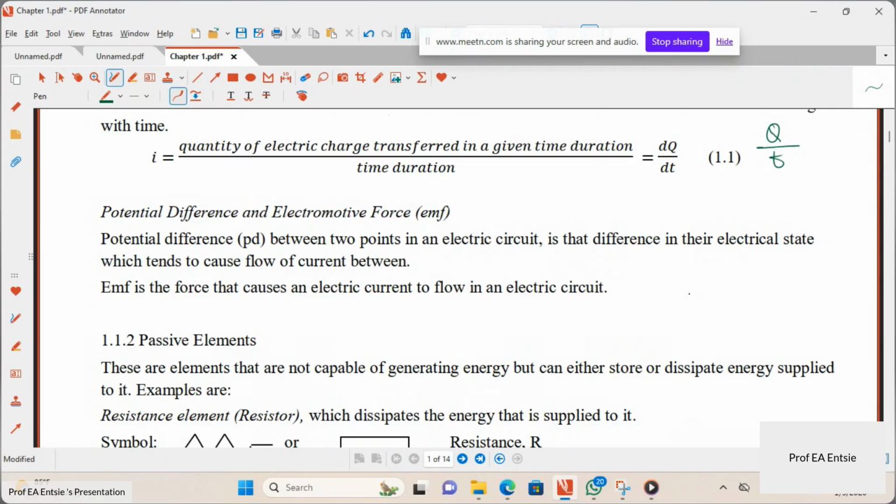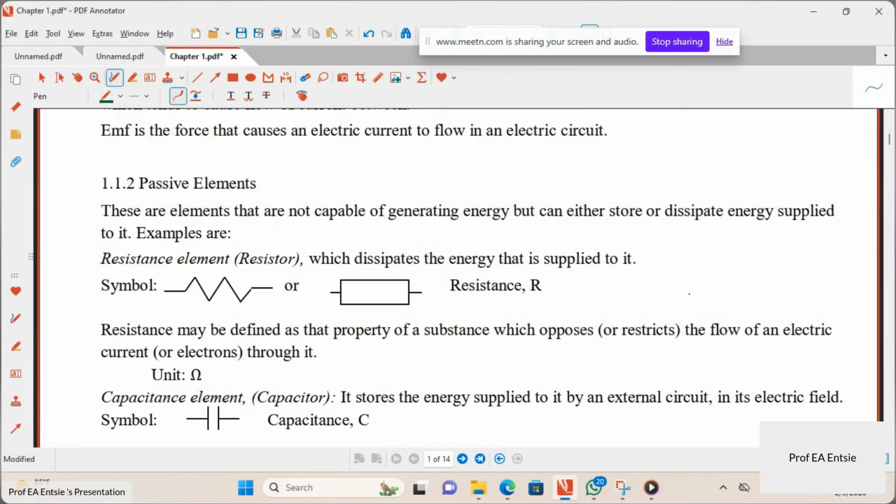Whenever there is a change in voltage, there is potential difference, or what we call EMF. EMF is the force that drives the current from the higher voltage source to the lower voltage source. So the force is called the EMF, and that difference is what we call the PD. The EMF brings about that PD flow.